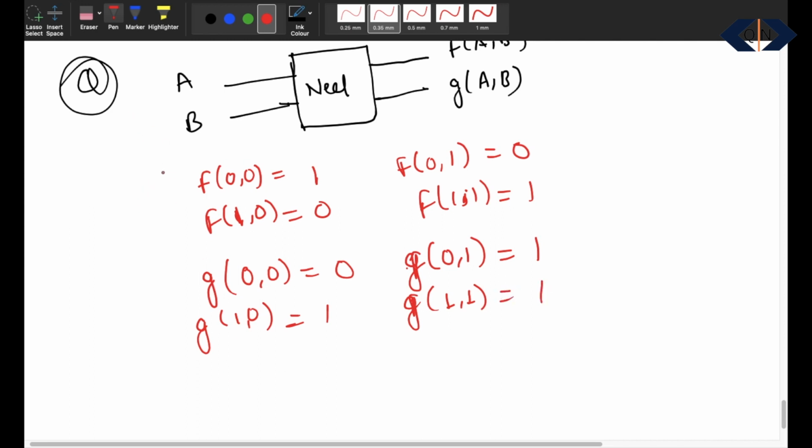So use this logic and tell me whether this gate is reversible or irreversible.